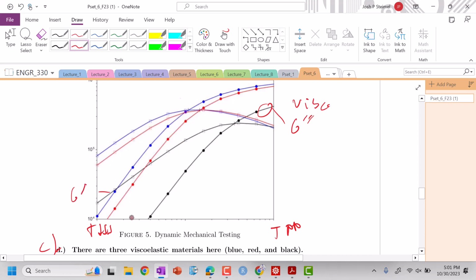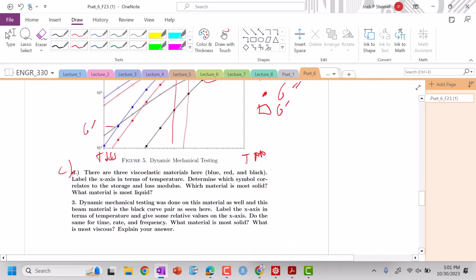So basically, up to temperatures right here, I would still be behaving like a solid. So if I compare that to this one here, again, every solid is my G double prime. Every open is my G prime. So if I look over the crossover points here and here, it's basically solid up to this temperature, and then it changes to a liquid. So the most solid is going to be my black. My least solid, most fluid-like, is going to be my blue.